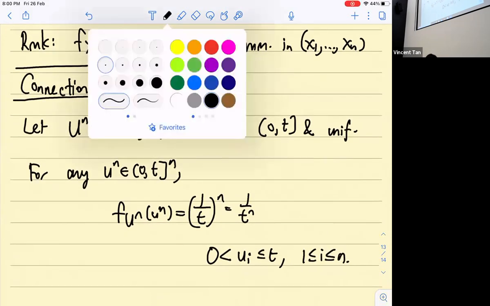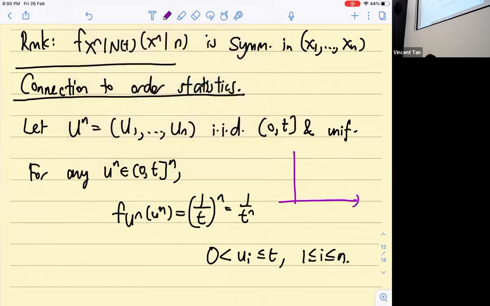So the picture is as follows. No matter what i you choose, this is f of ui against u. This is t, this is u, this is 0, this is 1 over t. So we have a bunch of random variables indexed by i, running from 1 to n, and they're all uniform in the interval. They all have this distribution and they are independent.